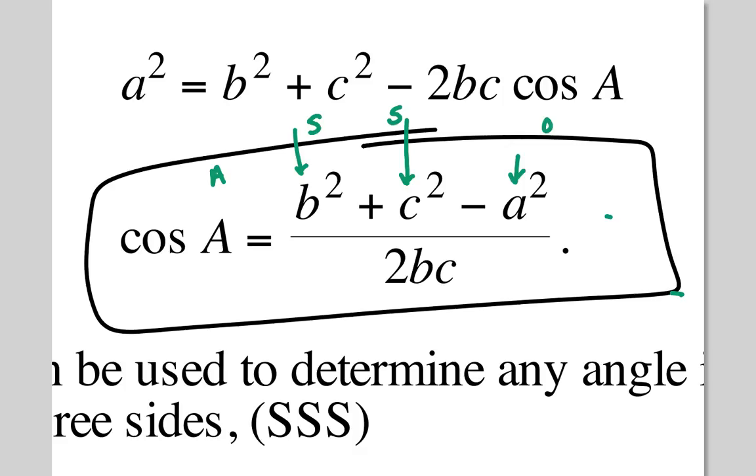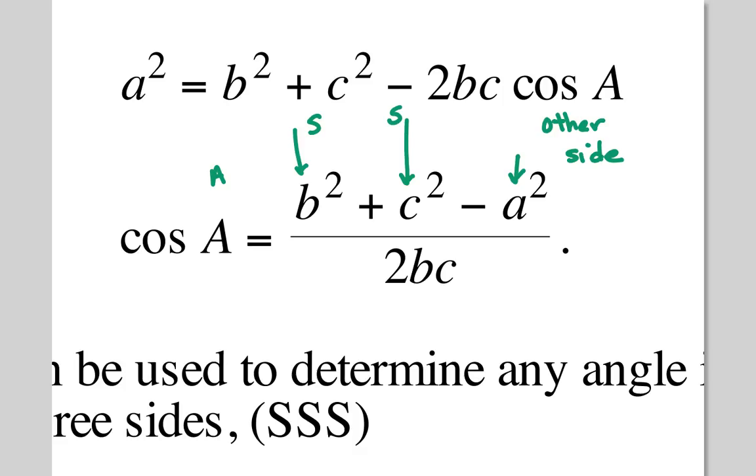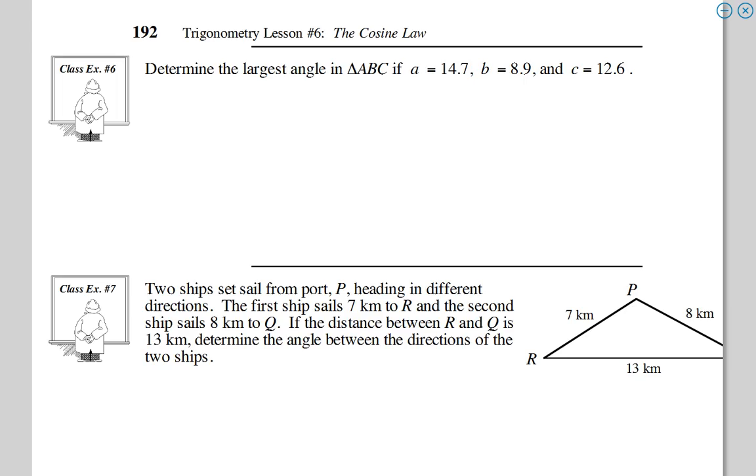This is the other side. So how do you know which sides are positive and which side's negative in the formula? Well, the two that are positive are going to be the ones that make up the side-angle-side for the angle that you're searching for. Let me just demo that when we actually do a question.